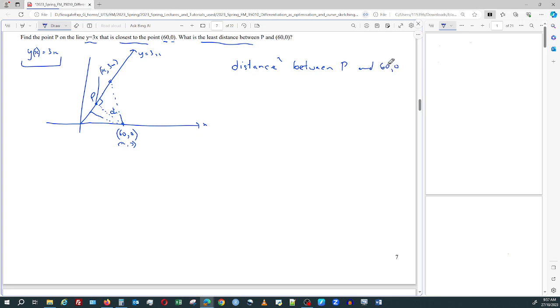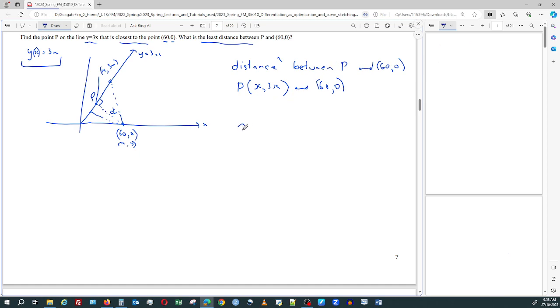So it's a theoretical exercise. Okay, so P has the footprint x, 3x, and our other point is the origin point, 60 and 0.